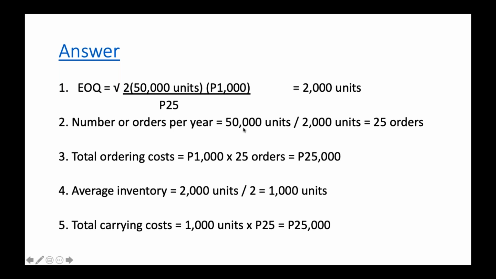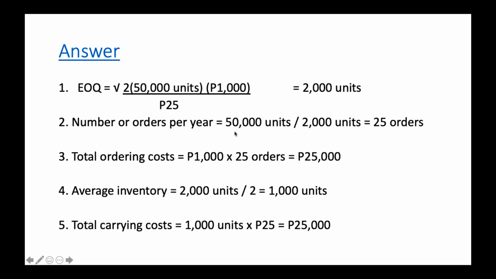And that is 50,000 divided by 2,000. In a year, we will be placing 25 orders. And whenever we make an order, we have to pay a particular cost, and that is the ordering cost, and that is 1,000 pesos. So in a year, we will be incurring 25,000 pesos for the ordering cost.